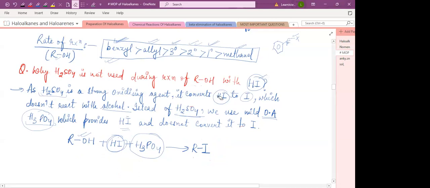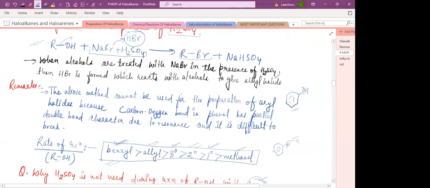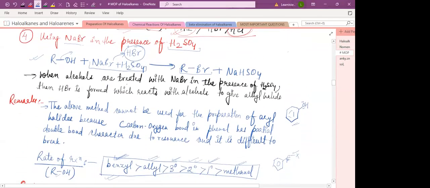So you will not get the alkyl iodide. तो अगर आपको alkyl iodide चाहिए product में, so just use this HI along with H3PO4. Okay, now you can write this using sodium bromide in the presence of sulfuric acid.